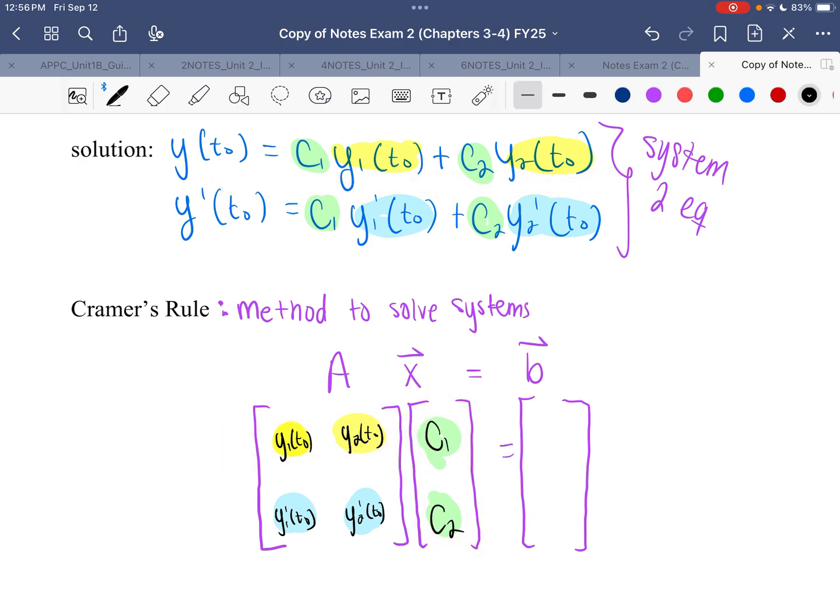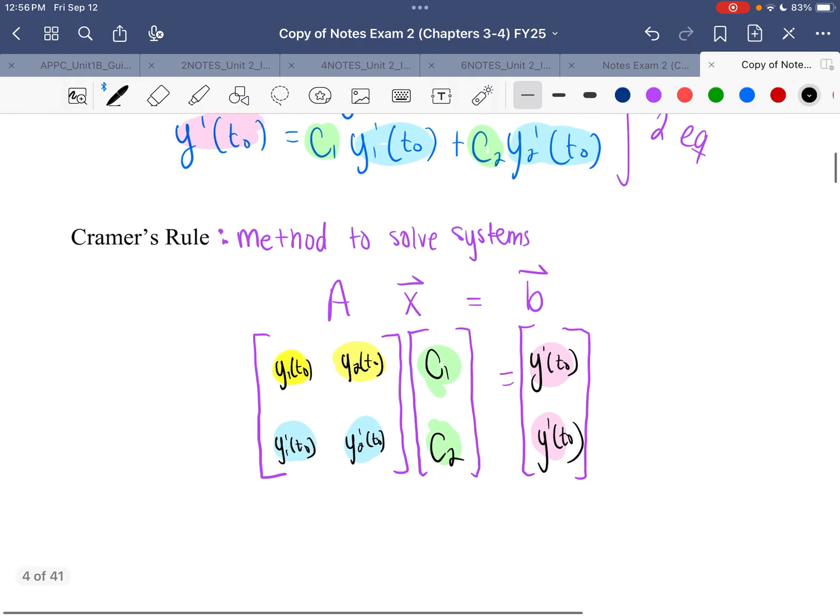And then it's equal to y at t naught and y prime at t naught. We were saying t1, I meant t naught. So this is our system of equations.